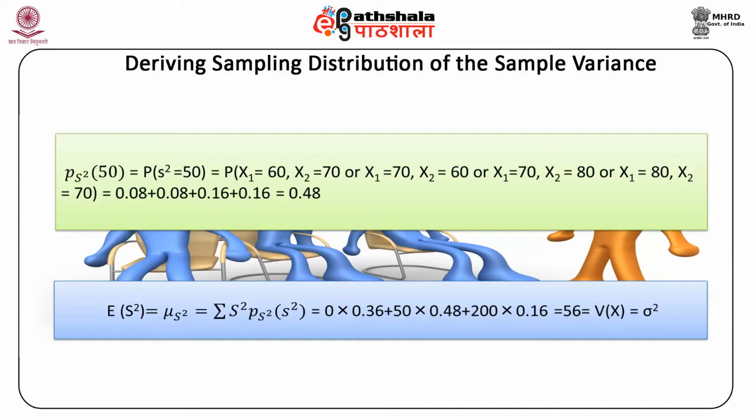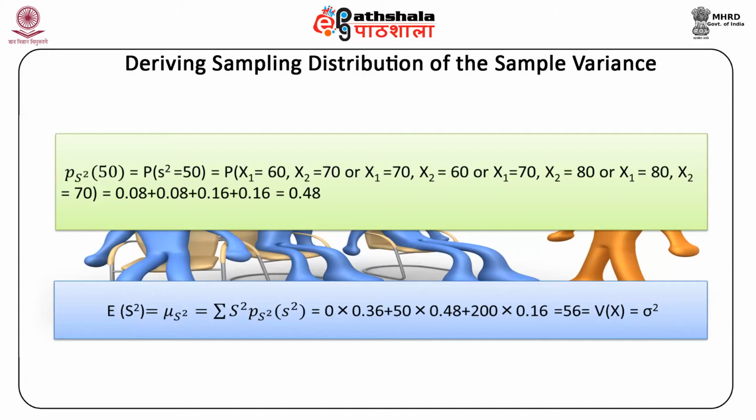The expected value of the sampling distribution of sample variance is obtained by summing the products of each S square value with its respective probability. You can refer to table 5 for all this.